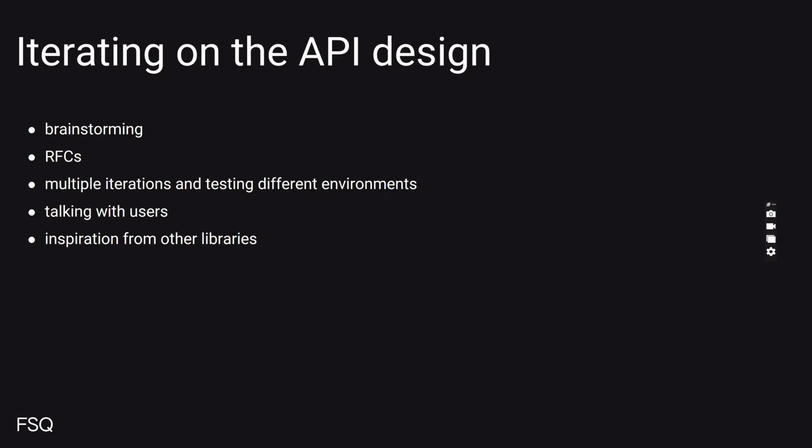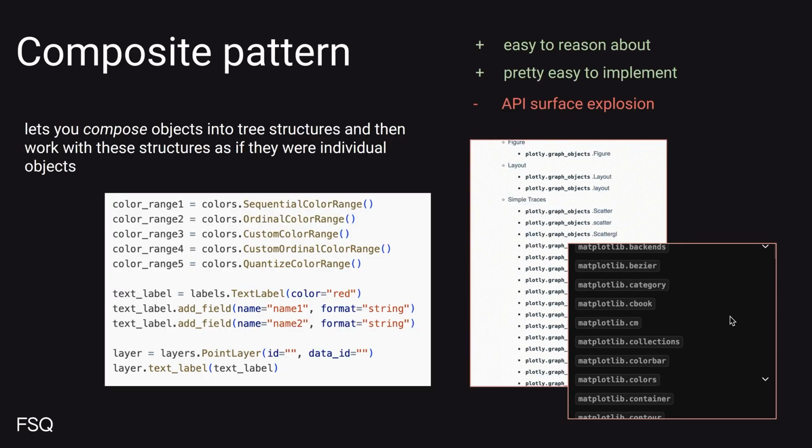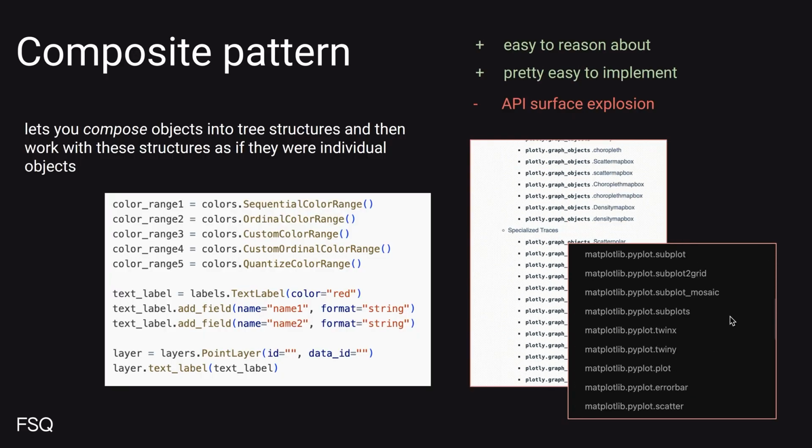So we made definitely more than one iteration on the idea and a lot of internal brainstorming and also taking inspiration from other libraries. There were actually two kind of good contenders, and I want to cover them so that maybe they also serve as an inspiration for your case. One of them being the composite pattern.